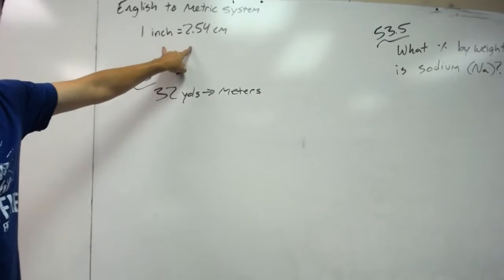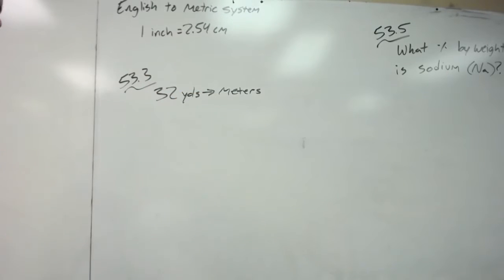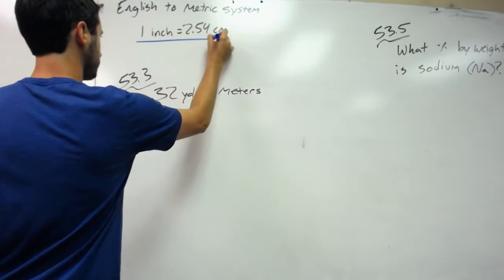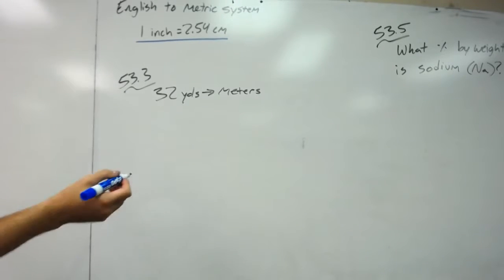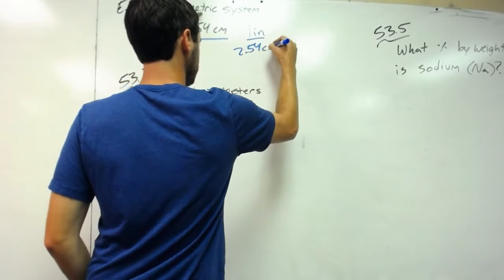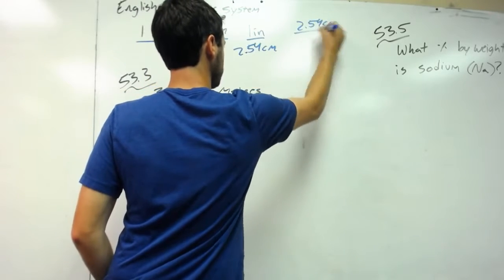Well, the middleman, the bridge that lets you cross between both, is this right here. 1 inch is equal to 2.54 centimeters and vice versa. So we can write it as 1 inch over 2.54 centimeters or vice versa, 2.54 centimeters over 1 inch.